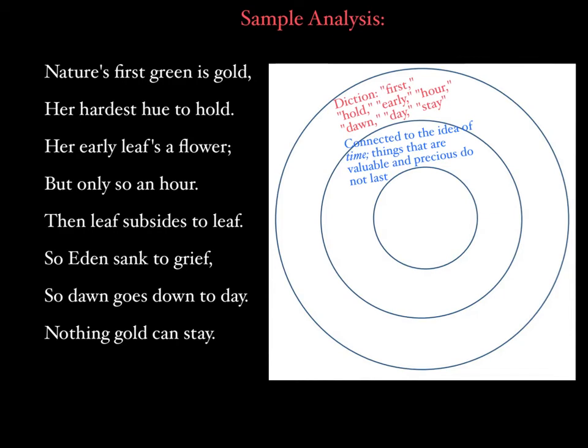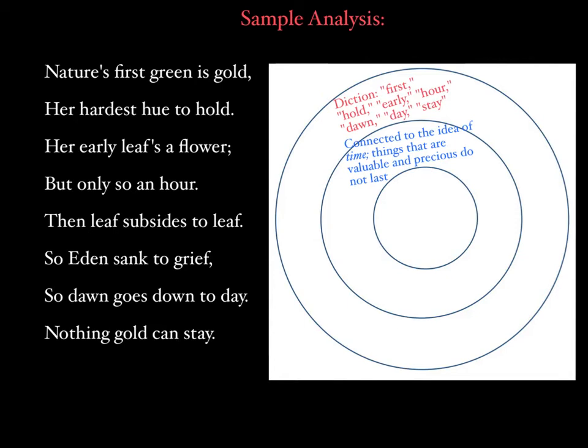The connection between these words is that they all relate to the idea of time, and that things that are valuable and precious do not last a long time. If you can remember, this is one of the conclusions we came to in the last activity.